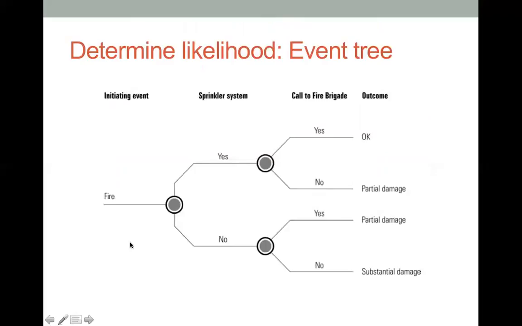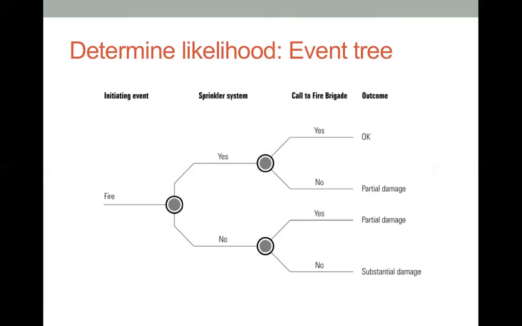In terms of determining the likelihood, experts also suggest what they call the event tree. In the event tree we have the initiating event, and we try to find out the likelihood of the risks based on the event tree.